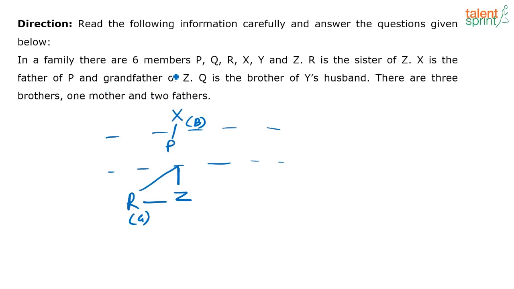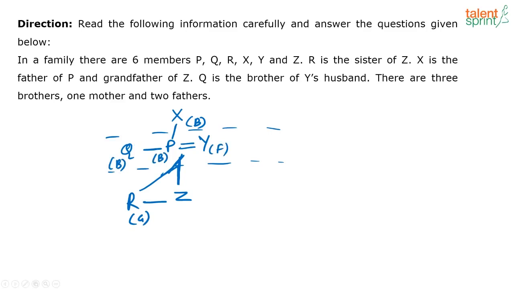X is the father of P and grandfather of Z. Q is the brother of Y's husband. So if you have Y here, if P and Y are the married couple, then I can say that their children are R and Z. In that case, this person's brother is going to be Q. Okay, so this is a boy, this is also a male and this is a female.